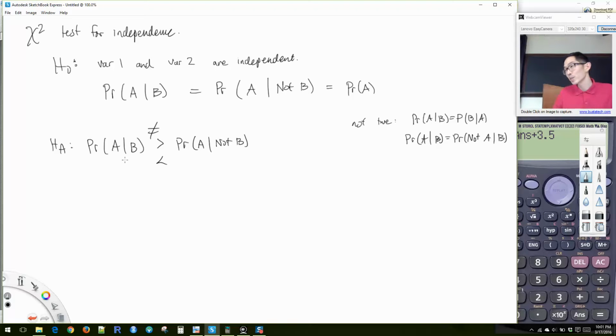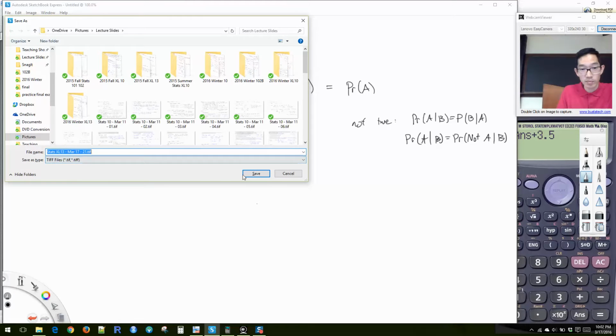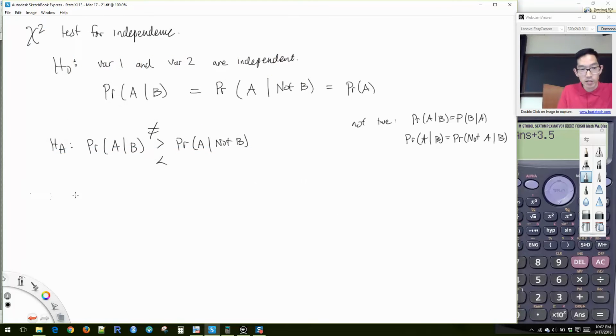Like the probability that someone voted for Bush is higher if that person was Republican, okay? Or something like that. So that would be the null and the alternative.